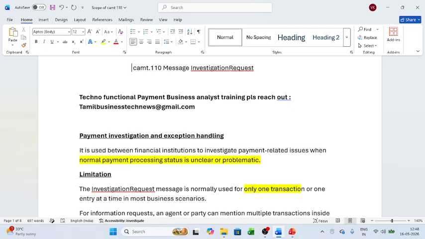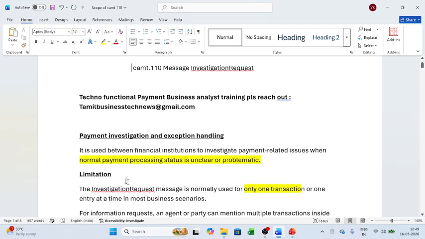So the sender bank needs to investigate the transaction status, because they might never get the pacs.002 message. At that time they raise the camt.110 to investigate the pacs.002 message: what is happening for the particular transaction? Whenever your message flow breaks down, any bank, either the sender bank, instructing agent, instructed agent, or receiver bank, raises the camt.110 message.